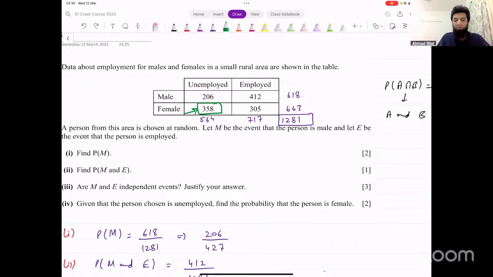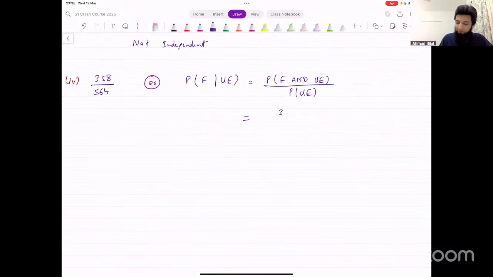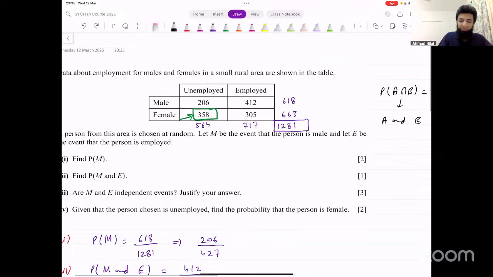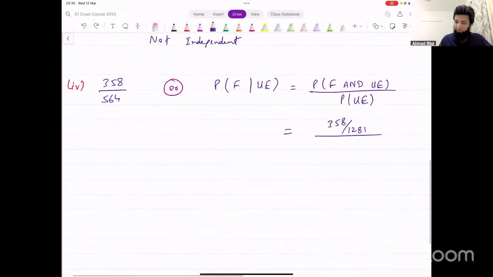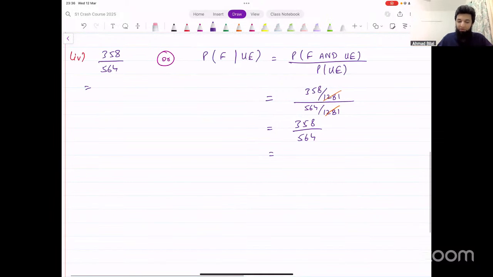So it would be 358 divided by 1281, whole divided by the probability of unemployed, which is 564 divided by 1281. And you see what happens? The 1281 and 1281 get cancelled, and you get the same result as before: 358 over 564, which you can simplify.